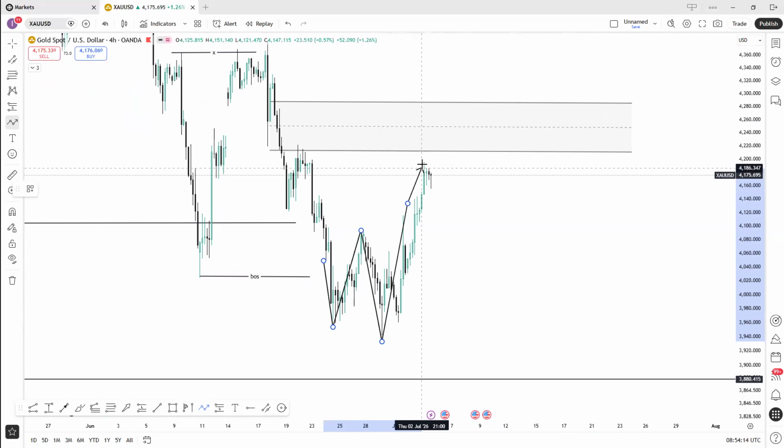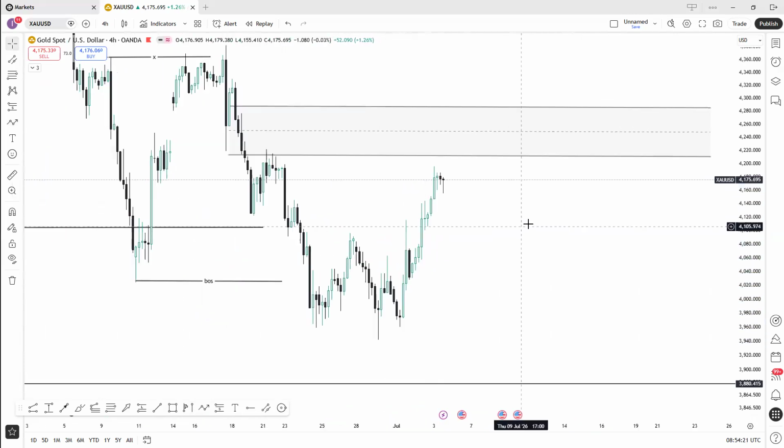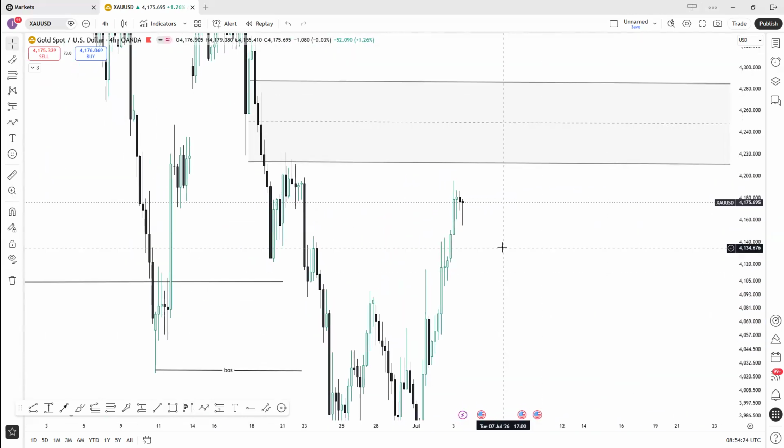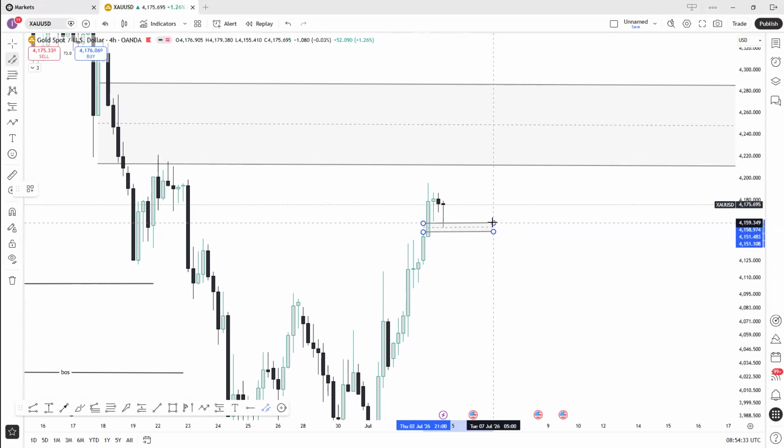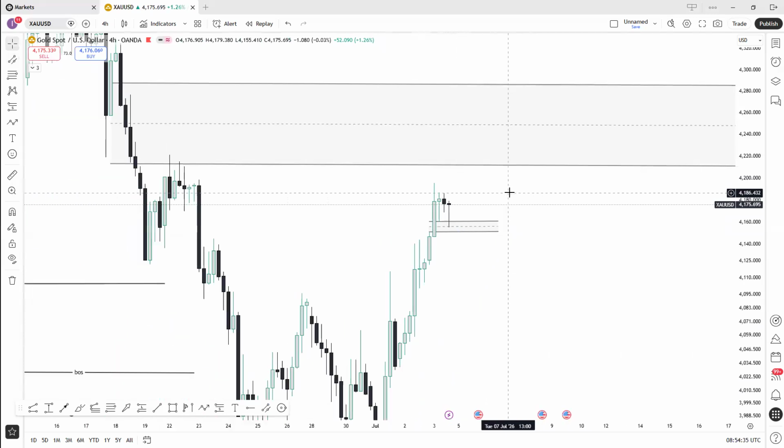Right now we have a very aggressive impulsive move. And then Friday's 4H candle closed bearish, but it rejected from this 4H fair value gap.